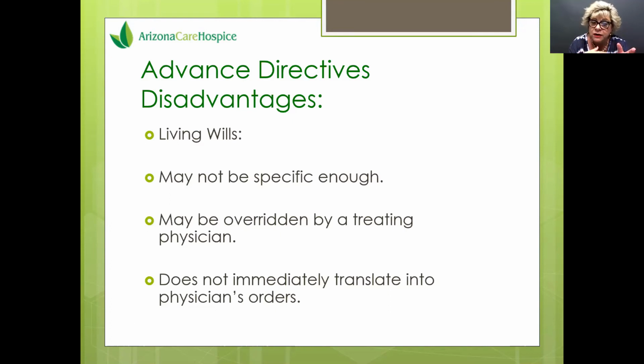So when you admit someone and they have specific requirements in their living will about speech therapy, physical therapy, whatever it might be, make sure that that's transported into physician's orders. To give you an example, mine says, if I have a stroke, I would be open to physical therapy and speech therapy if I could no longer speak for a specific amount of time.